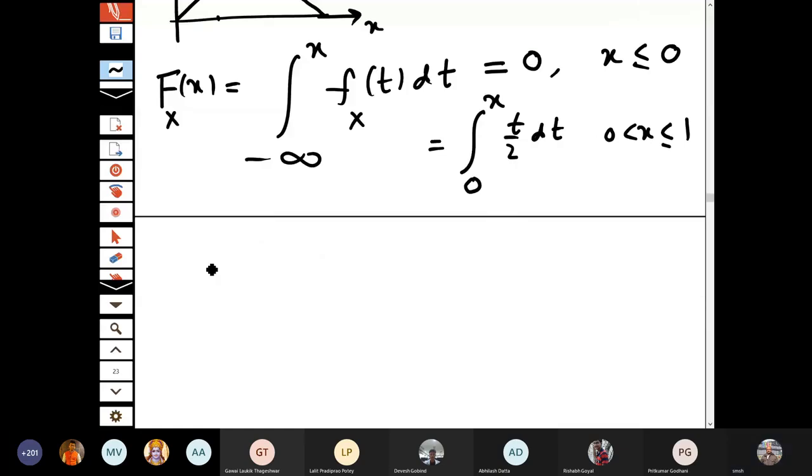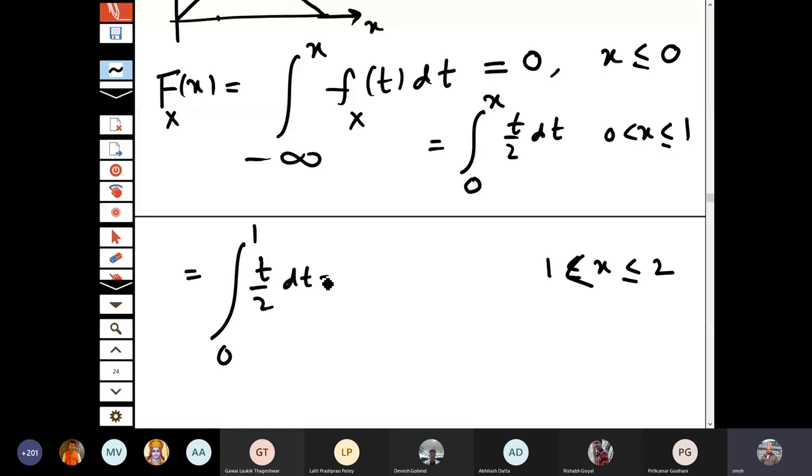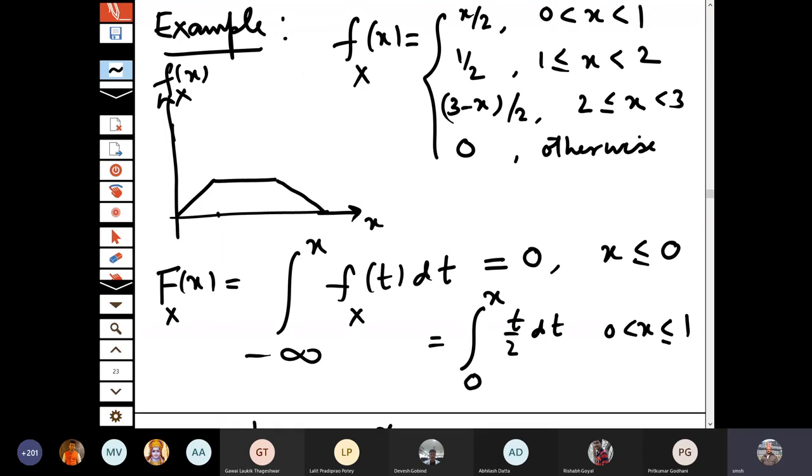Then between 1 to 2, it is the integral 0 to 1 of t by 2 dt plus the integral 1 to x of half dt, because that is the function defined here. Here it is t by 2 and here it is half.